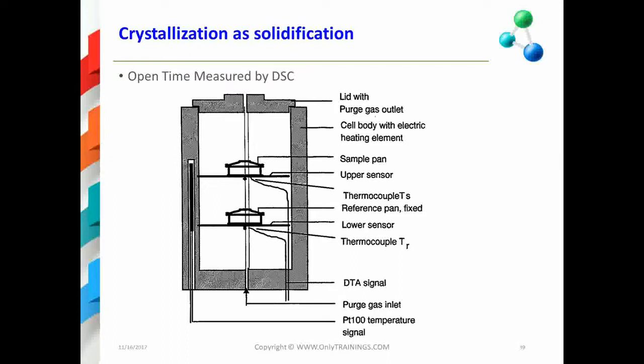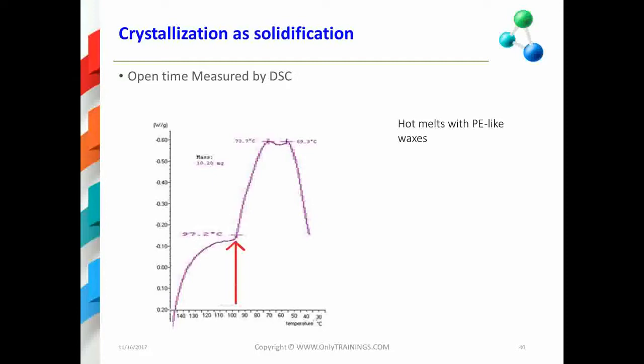So as I've said before, a DSC is a useful tool to determine the starting temperature of a wax or a polymer, or of the hot melt itself. So it helps you a lot to understand the difference in different types of hot melts. So that was also something that I did.